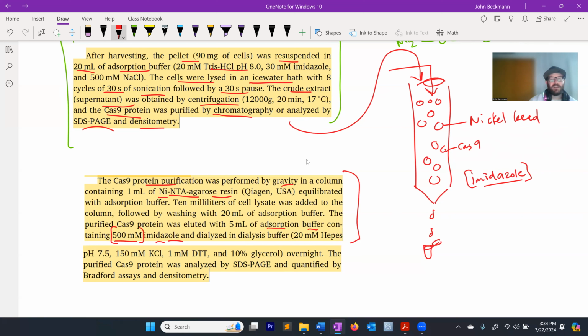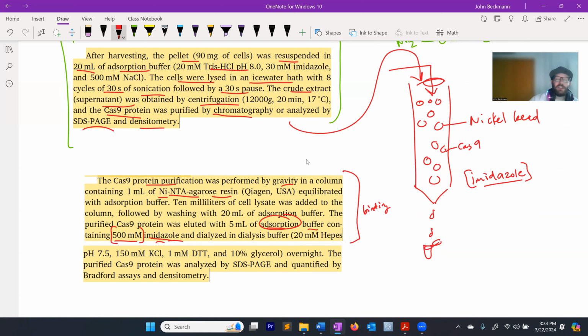Imidazole is a competitive chemical that will bind to nickel and compete with binding with the his tag. Why would they have a little bit of imidazole in their adsorption buffer? Another word for this, you could call this the binding buffer. So this is the buffer under which they want Cas9 to bind to the beads. Why would they put a little bit of imidazole in there?